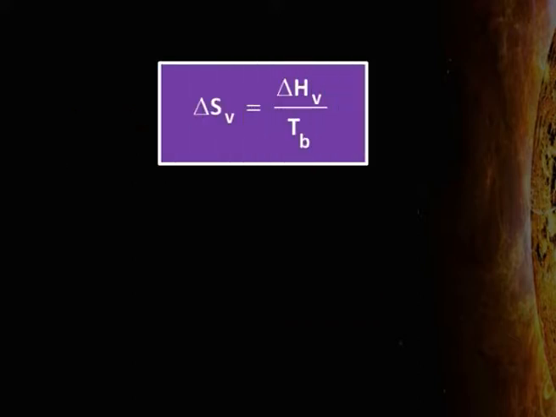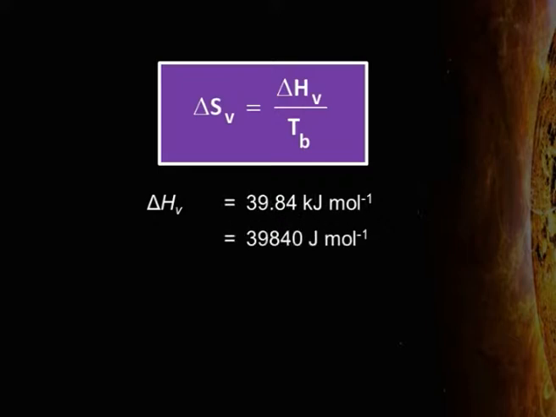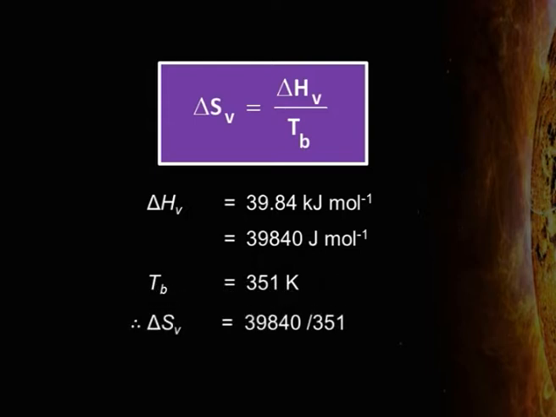In the problem, delta HV is given to be equal to 39.84 kilojoules per mole, which will be equal to 39840 joules per mole, and boiling point in Kelvin is given to be equal to 351 Kelvin. Therefore, delta SV will be equal to 39840 divided by 351, which is equal to 113.5 joules per Kelvin per mole.